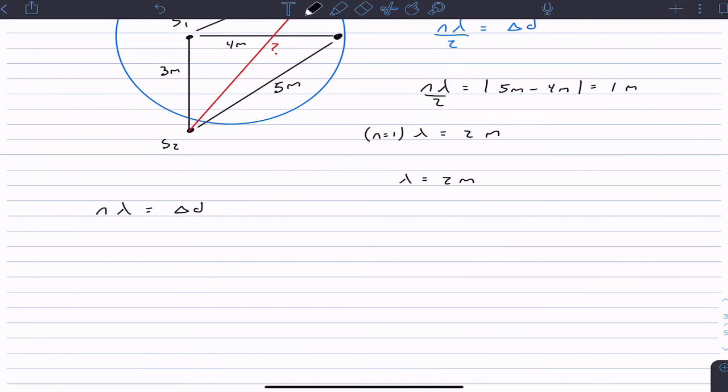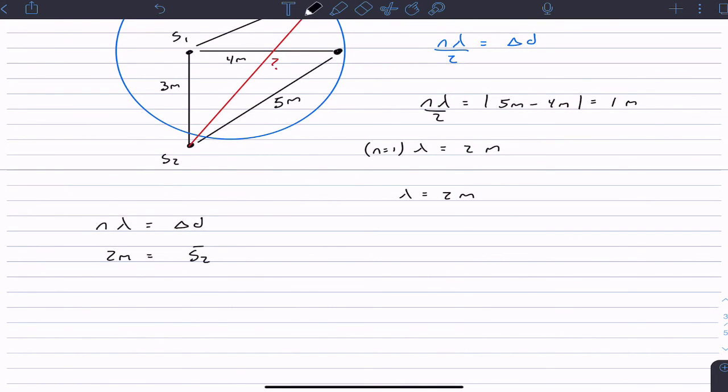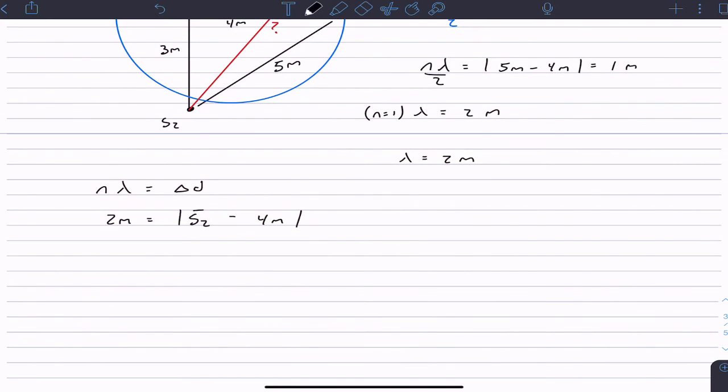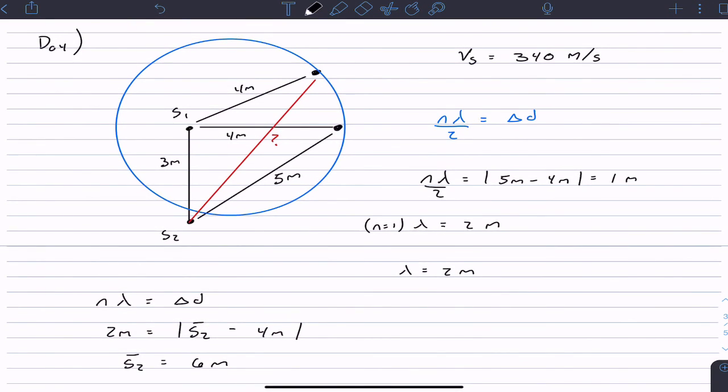Okay, now 2 meters is equal to, what did I say? We're going to have the line S2 minus 4 meters. Well, that gives us S2 is equal to 6 meters. That's the distance. So hopefully that made sense. Just to recap, this is the distance that changes. So we go from 5 meters to an unknown number of meters, but S1 stays the same. Okay?